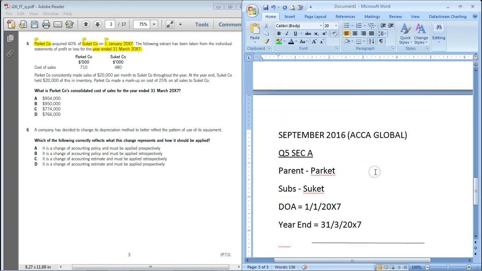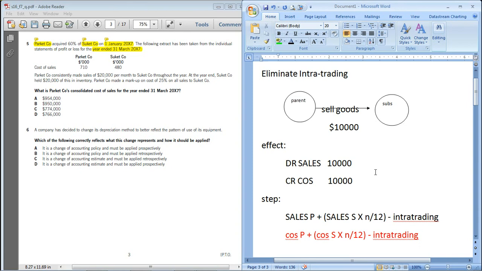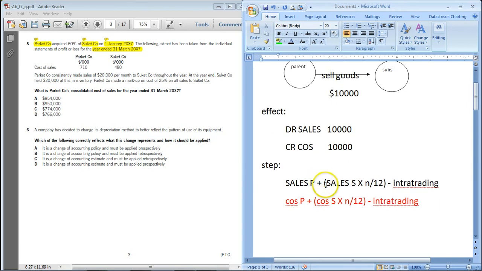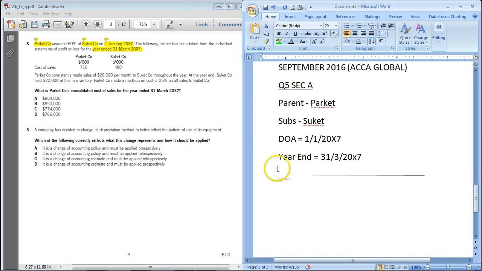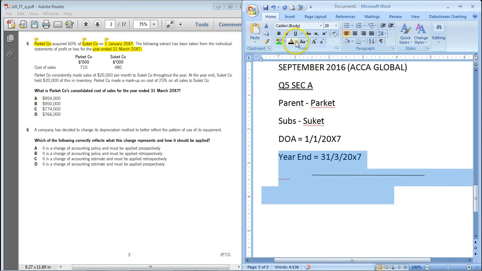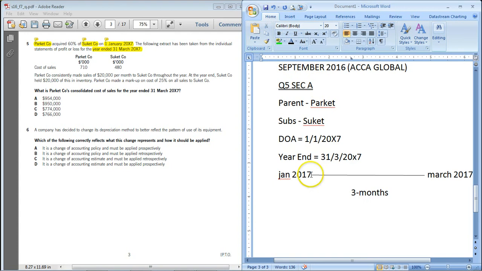As I mentioned just now, you can only consolidate after you acquire until your year end, which means that you have to apportion it. I will explain further details on it. So this is a timeline. I start in January, I acquire the subsidiary, Suket, but I have to close my account at the 31st March 2017. Only 3 months can you consolidate.